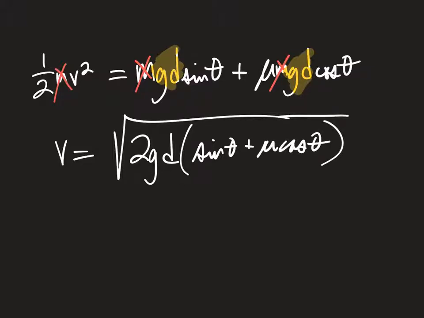And if you remember back to our force friction analysis, that sine theta plus mu cosine theta keeps showing up in the friction game. It's always the fraction of acceleration along the inclined plane. All right? So you plug in the numbers and you will get the right answer.